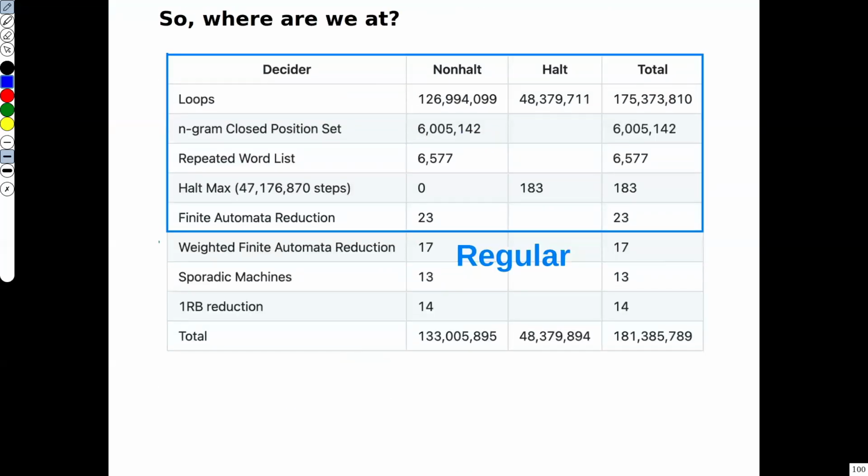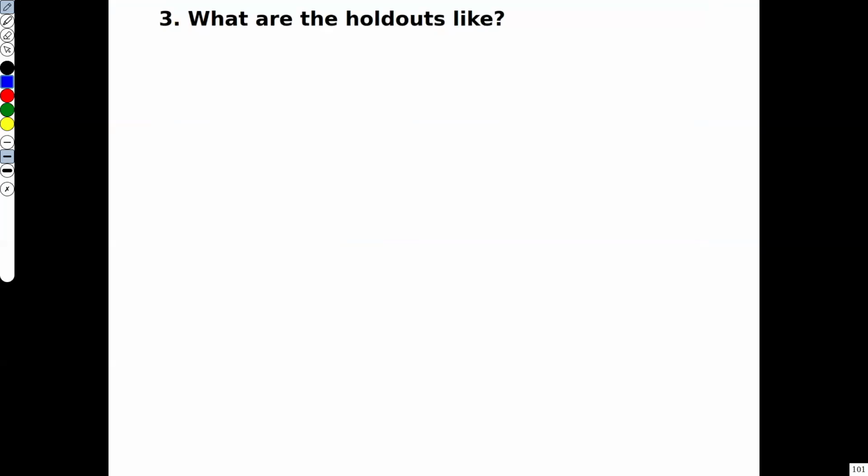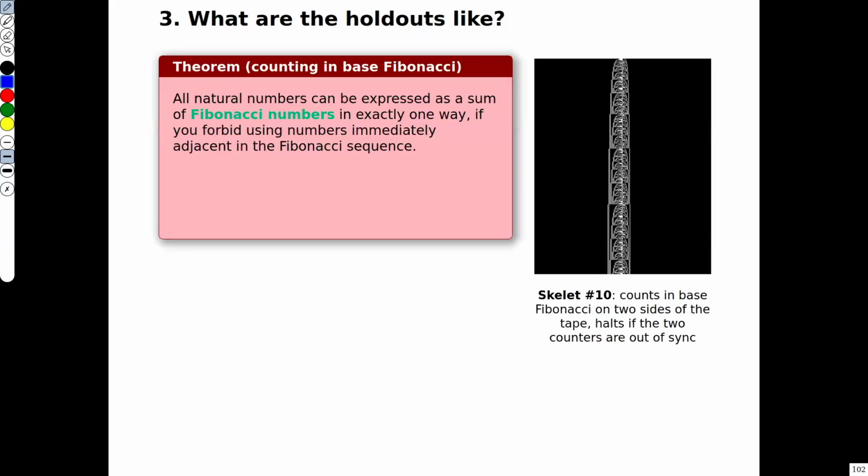I should clear this. So let's look at the holdouts, at the so-called most interesting machines. One machine that I really like is similar in spirit to those irregular machines that are still solved with some of the most advanced deciders, except instead of doing the counting in any traditional base, it does it in base Fibonacci.